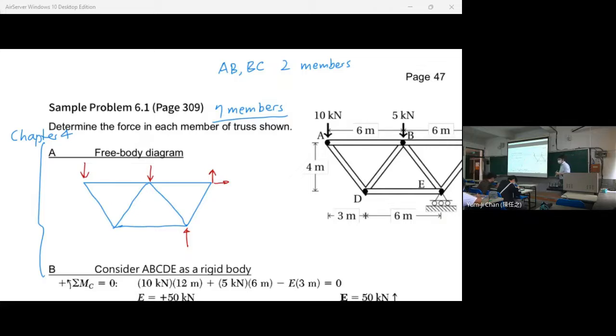Go to the textbook, figure 1 of page 309, for the whole figure.